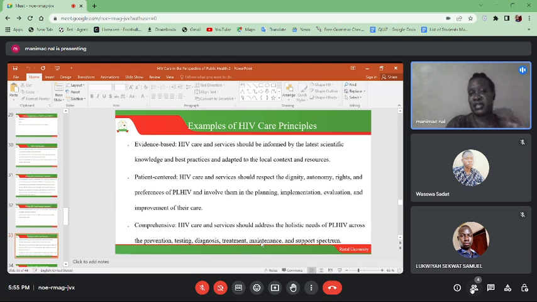Okay. Then secondly, if we look at the patient-centered principle, this is where we focus so much on respecting the dignity, the autonomy, the rights, and the preferences of people living with HIV. So if, for instance, a patient tells you, I don't want ART therapy, then you shouldn't enforce it on him or her.